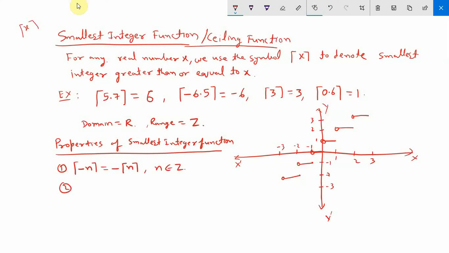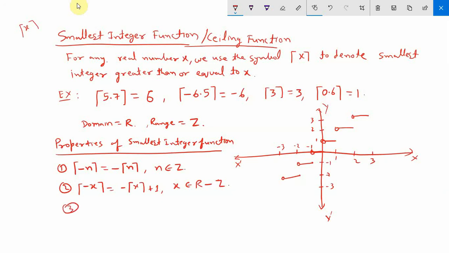Second one, the smallest integer function of minus x equals minus of the smallest integer function of x plus 1, where x is an element of real numbers minus integers. So x is a real number but not an integer.